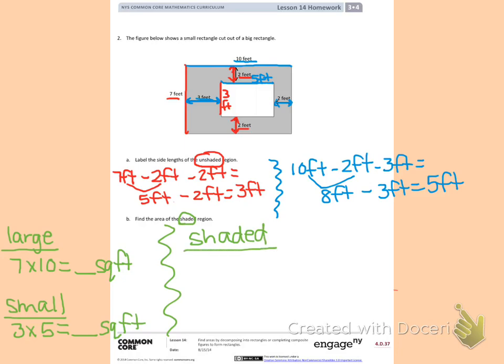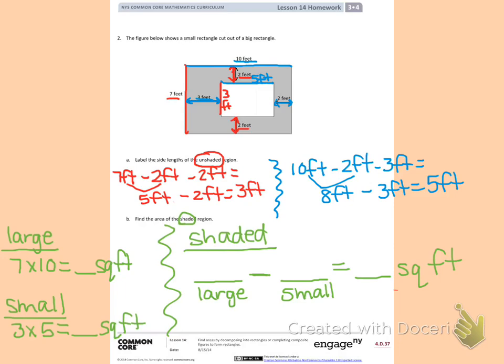So what you do to figure out the area of the shaded region is you take the area of the large rectangle and subtract out the area that is cut out of it or covered by the white or small rectangle. And that will give you the answer in square feet.